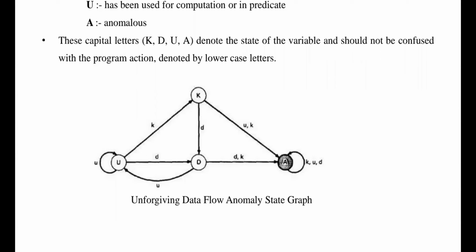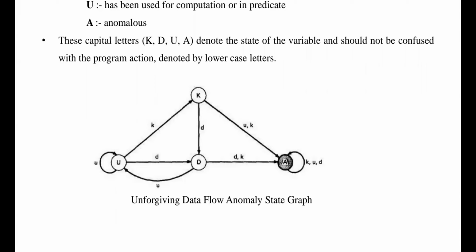Okay, see, from the anomaly state there are no arrow marks to any other states. It only receives the flow. It does not send any flow to the other states. That is called unforgiving. It does not forgive. When a flow comes from the data object to the anomaly state, that anomaly state never returns to a working state.